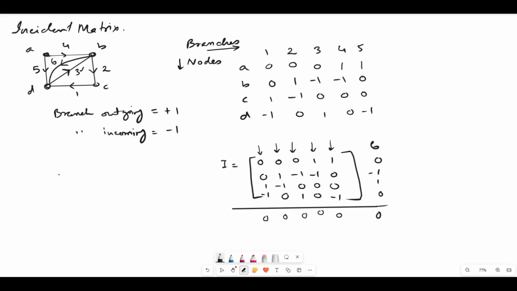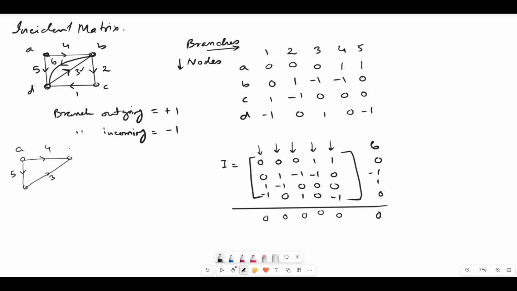Now property 2. Property 2 states that the determinant of the incidence matrix formed from any loop of the graph is 0. For example, if we consider nodes A, B and D and the loop formed by connecting the branches 4, 5 and 3.